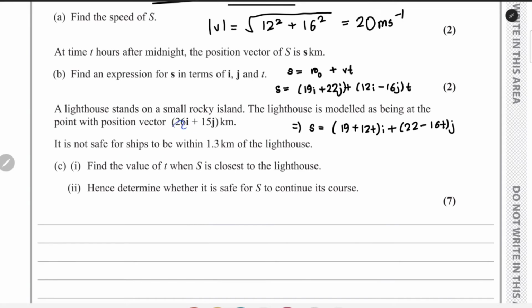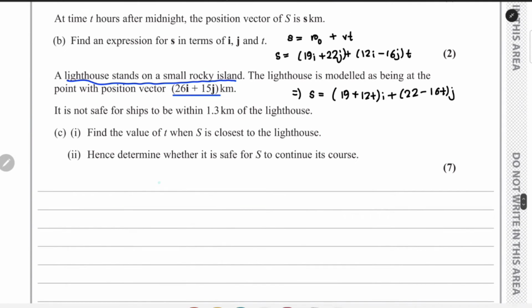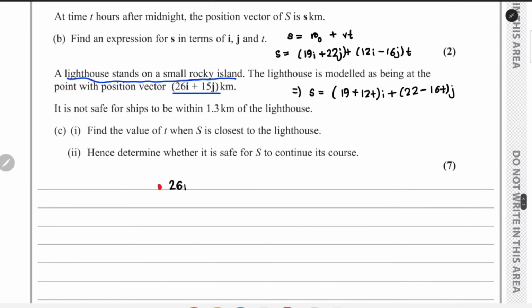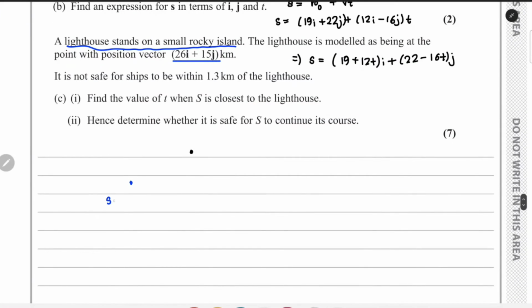Now we are given that there is a lighthouse at position vector 26i plus 15j. So there is a lighthouse over here, and the ship travels somewhere over here, or maybe even through it, or far away. If we want to find the distance of the ship, this is the ship in blue, its position vector will be S, which is (19 plus 12t)i plus (22 minus 16t)j.